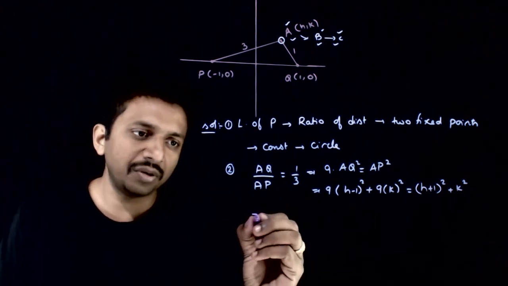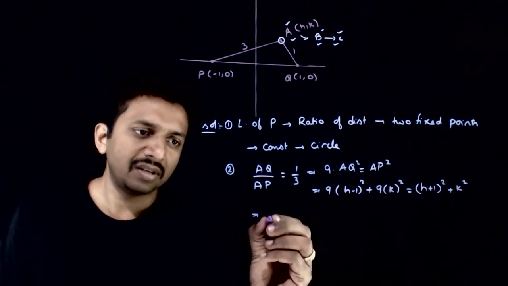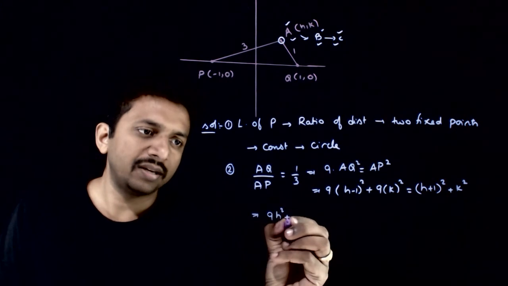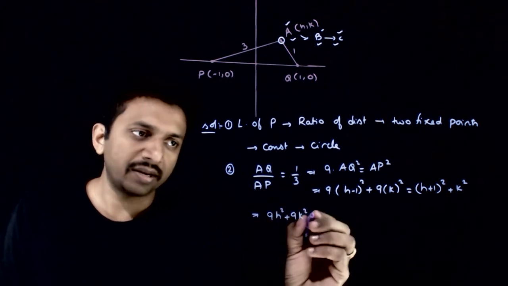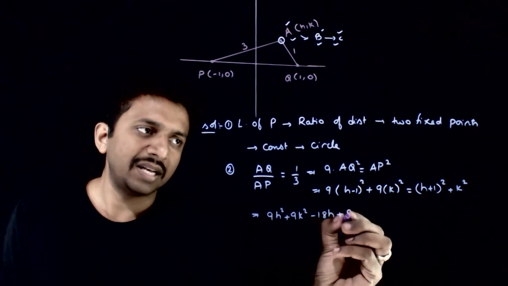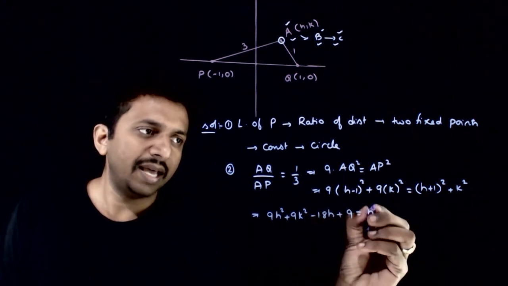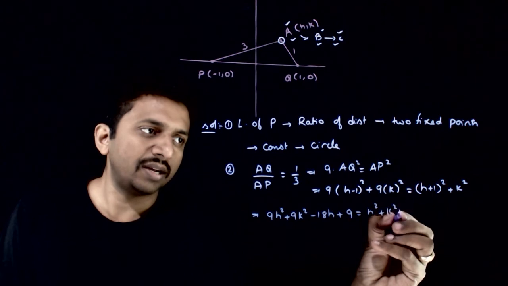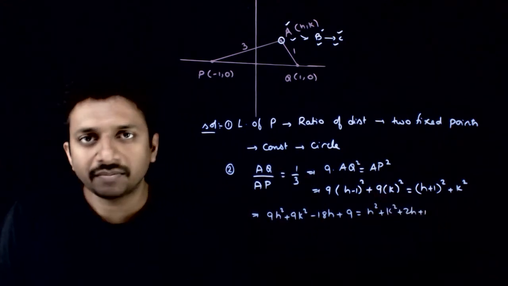So if you simplify this, you get 9 times h square plus 9k square minus 18h plus 9 is equal to h square plus k square plus 2h plus 1.